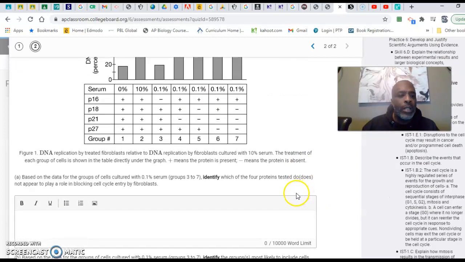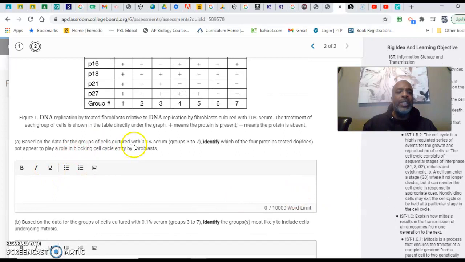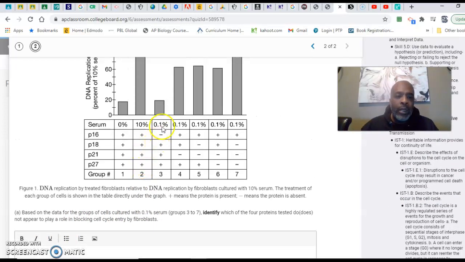The question says, based on the data for the groups of cells cultured with 0.1% serum, which is groups 3 through 7, identify which of the four proteins tested do or do not appear to play a role in blocking cell cycle entry by fibroblasts.